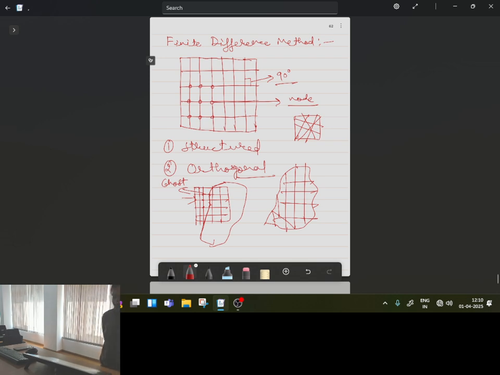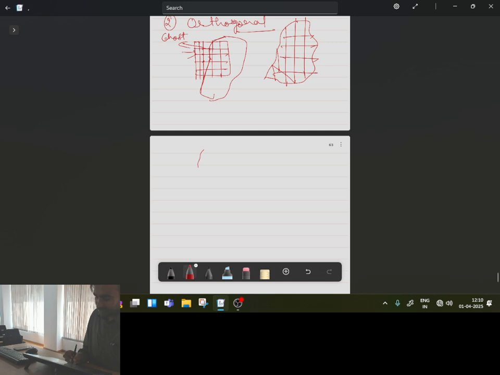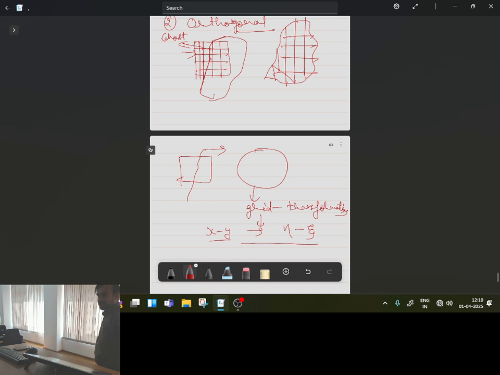Okay, another way of dealing with the curved boundaries using the finite difference method is this: if we have any regular arrangement of curve, then by using grid transformations it can be converted from one plane, say the xy plane, to another plane, the zeta-eta plane, where the unstructured arrangement in the xy plane can be converted into a structured arrangement on the zeta-eta plane.